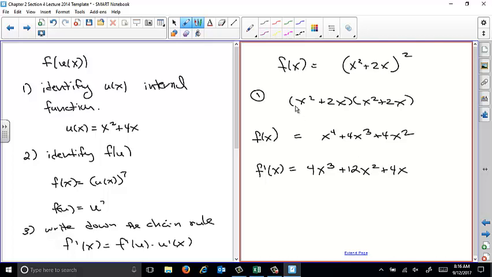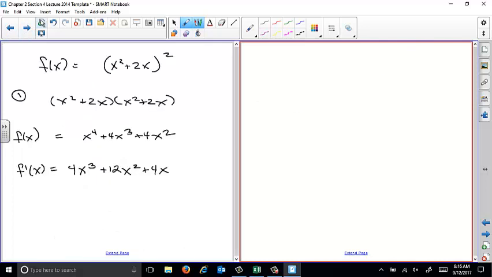The second way I could do that is use the product rule. So in that case, I've got x squared plus 2x times x squared plus 2x.